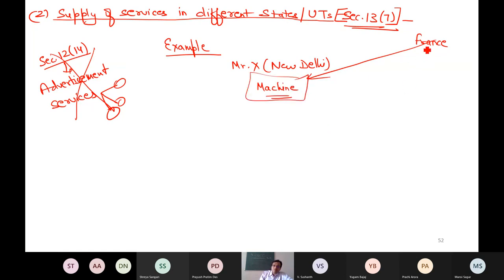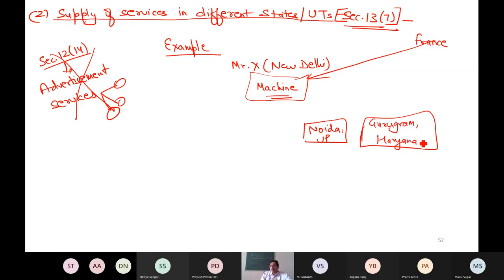Then the supplier of France says to Mr. X that we don't have any service center of this machine in New Delhi. Your repair work will be done at 2 service stations, one in Noida, UP and one in Gurugram, Haryana. So the supplier says to please take that machine first to the Noida center and then to the Gurugram center, because both the centers have different expertise.